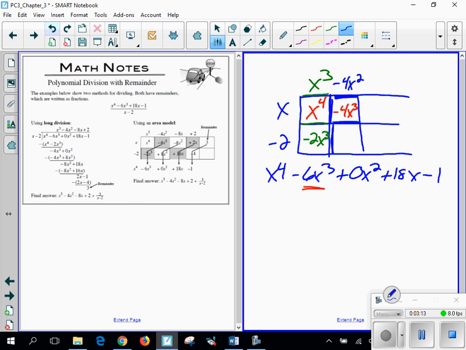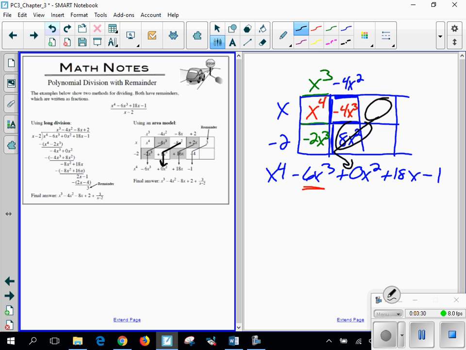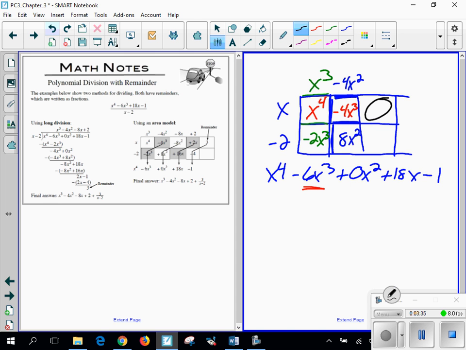If that's negative 4x squared, then if I multiply here, I'm going to wind up with 8x squared. And here's that deal again. Whatever goes in these two boxes, this one and this one, has to add up to 0x squared. That's what these things are talking about right here. So if that's an 8x squared and I want a grand total of 0x squared, I'm going to have to make this a negative 8x squared in order to get it to add up to 0.